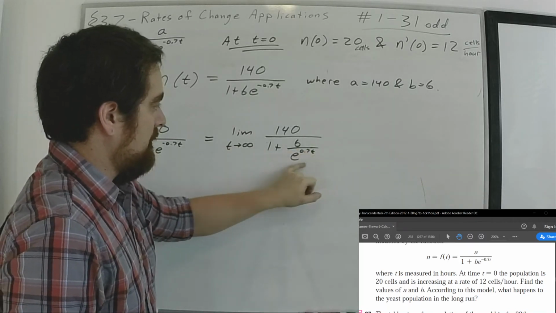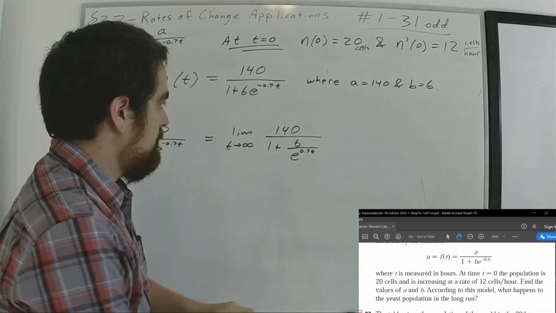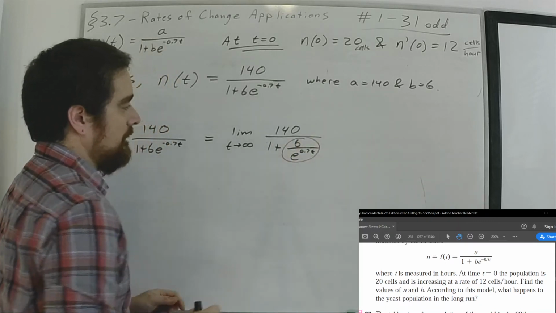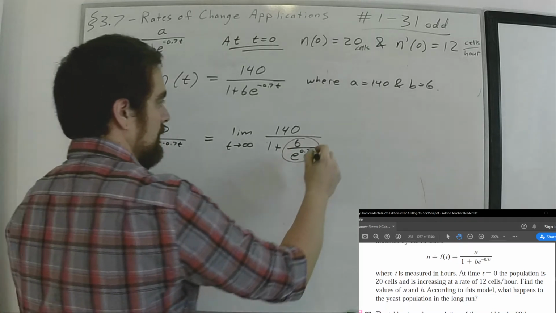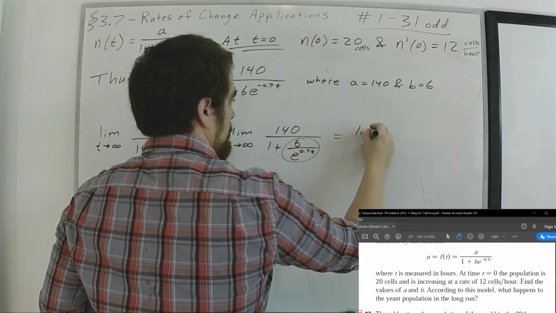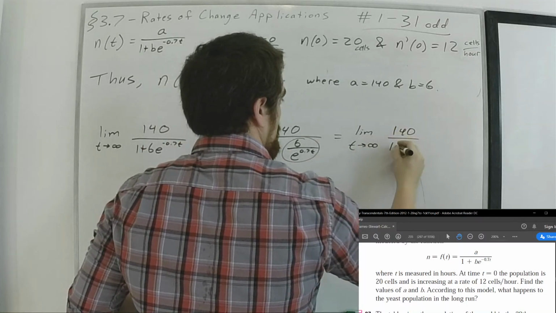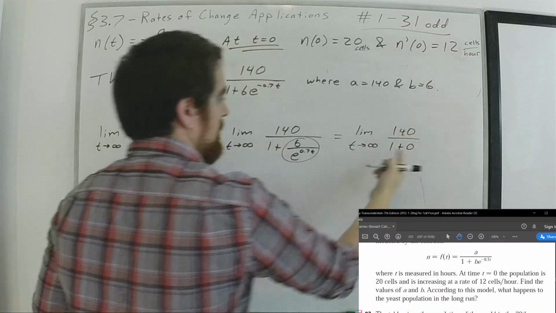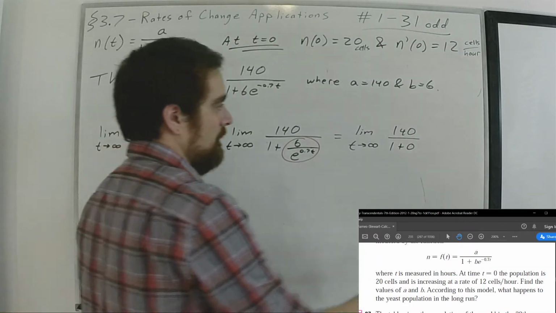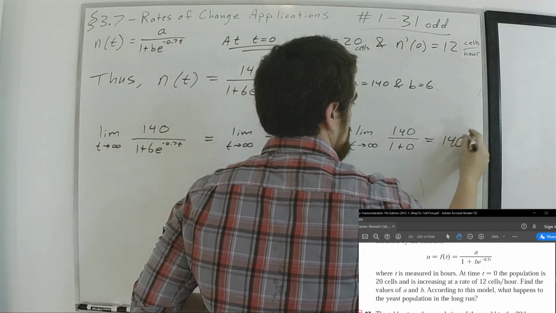This denominator gets huge, which means this whole fraction goes to 0. So I'm looking at a limit as t goes to infinity of 140 over 1 plus, essentially that just becomes a 0. So I just get 140 over 1, which is just 140.